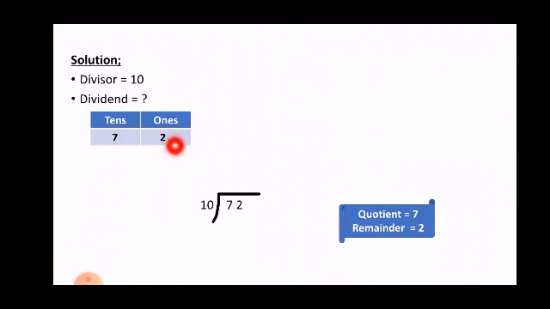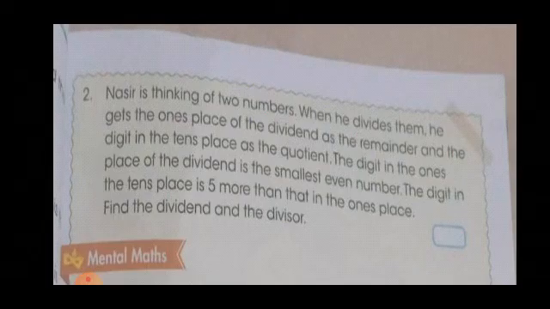Now let's move towards the digit on the tens place. The digit in the tens place is 5 more than that in the ones place. That means we have to add 5 to the digit on the ones place, and then we'll get our digit on the tens place.